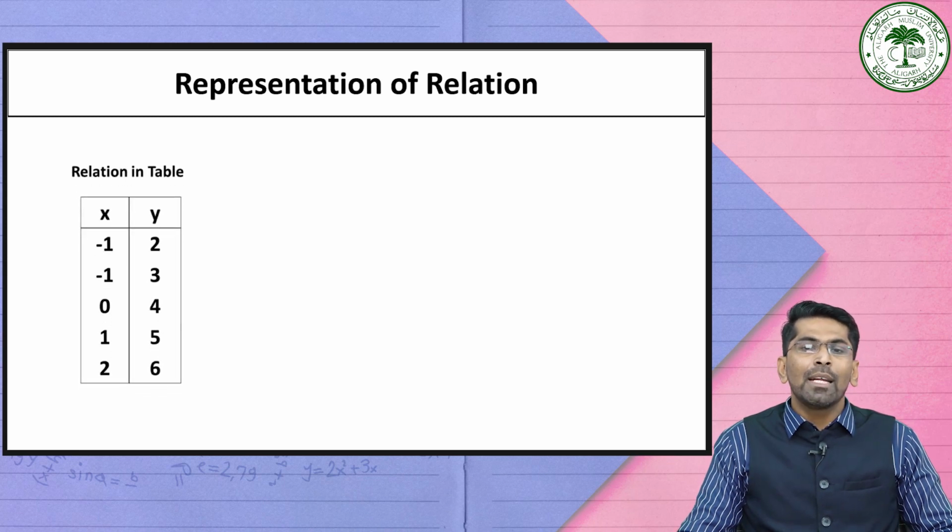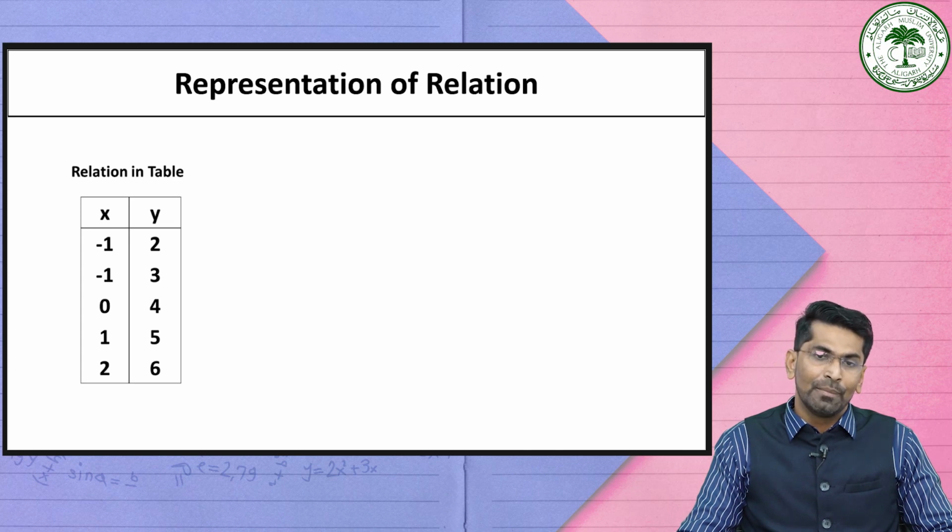A tabular representation is given here. It is a representation of a relation created using a table where each row corresponds to an ordered pair in the relation, and the columns of the table represent the components of the ordered pair.